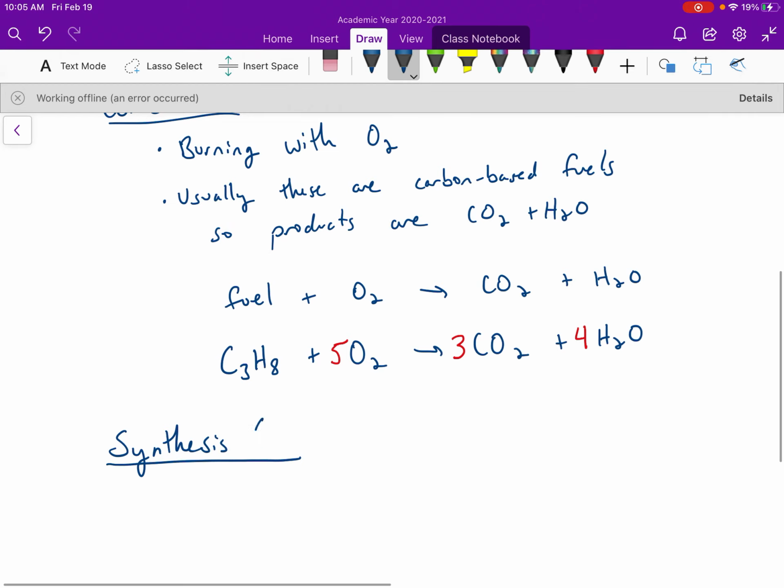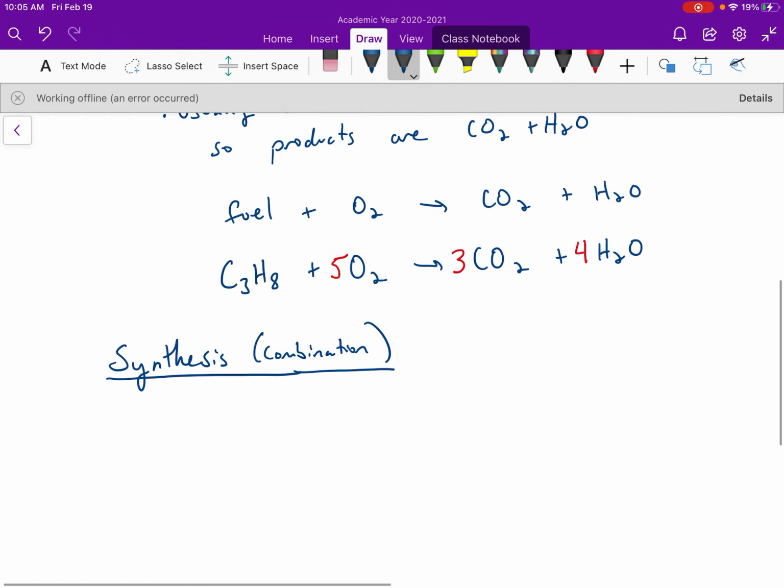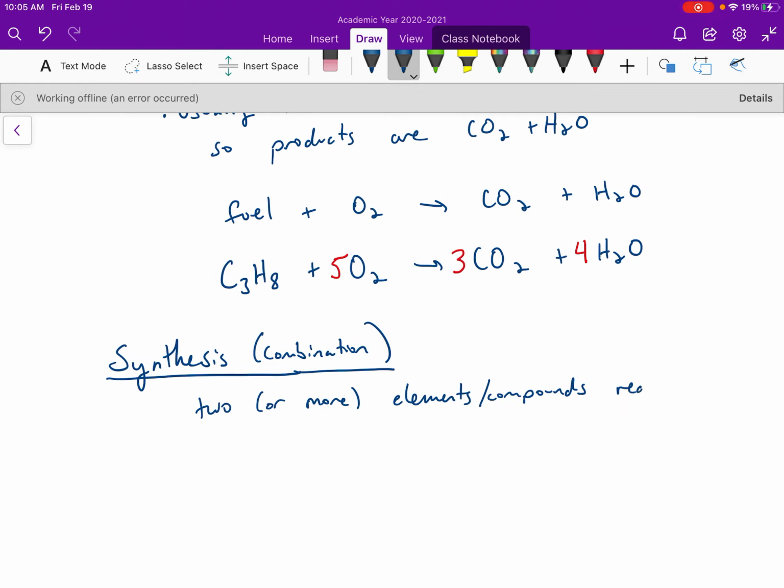Synthesis, otherwise known as combination. Okay? So this is when 2 or more elements or compounds, like 2 smaller pieces, react to form one larger substance.